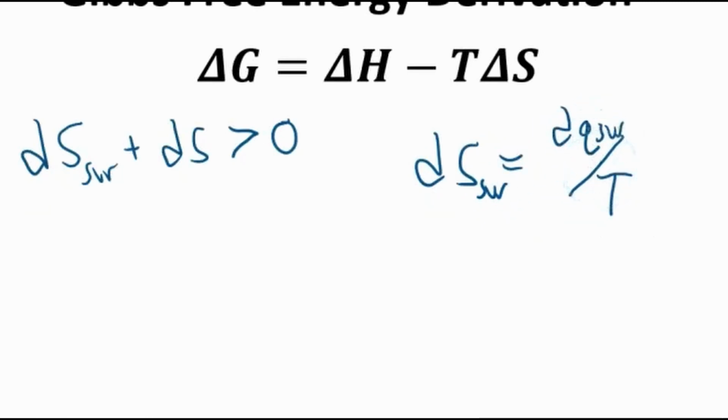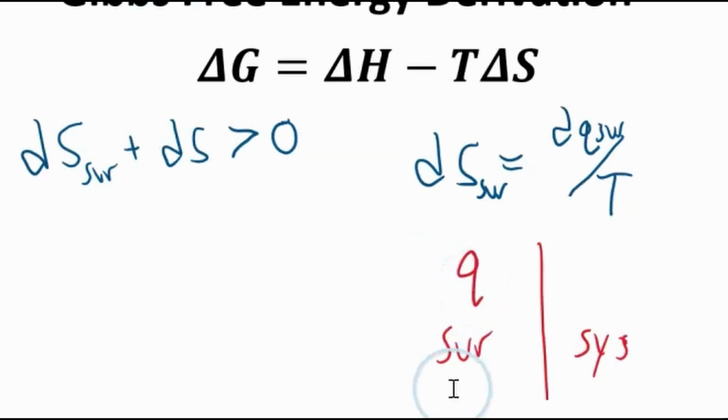Let's set up a heat transfer. Say we have the surroundings here and we have the system here. Any energy lost as heat by the surroundings is gained by the system. So we have a negative Q here, and we gain Q by the system. What's lost by the surroundings is gained by the system, or vice versa.